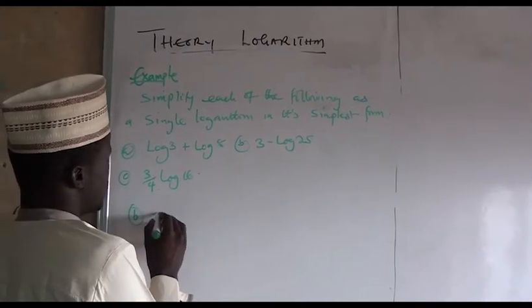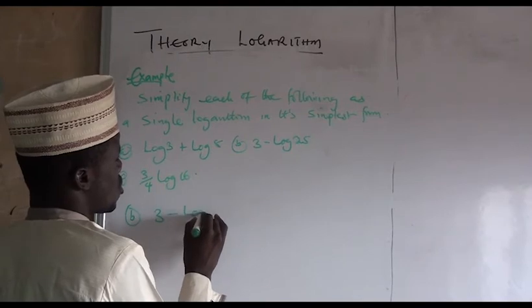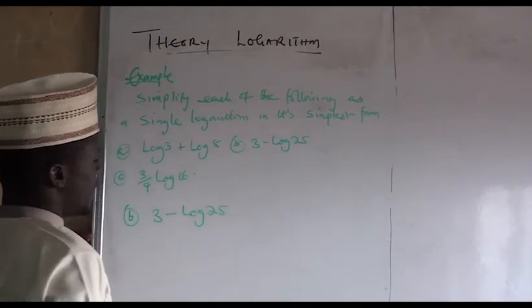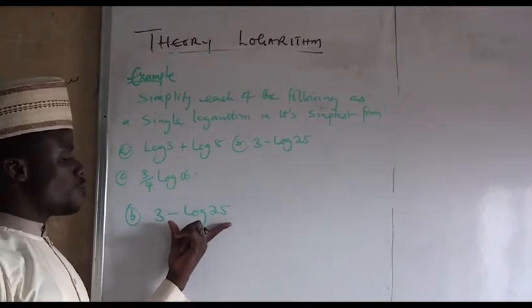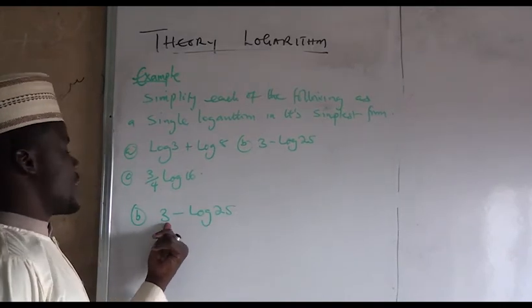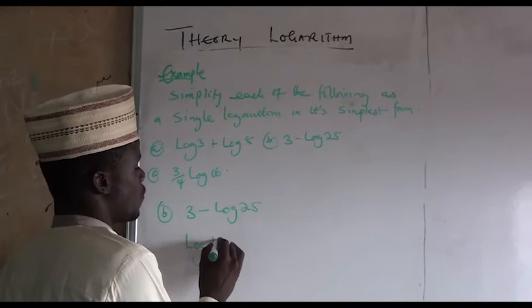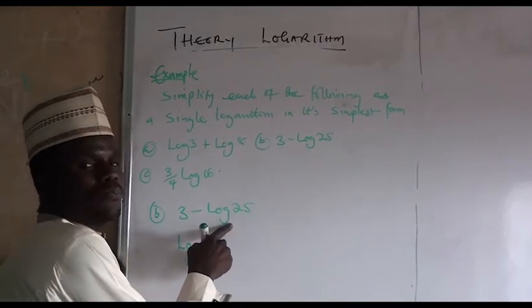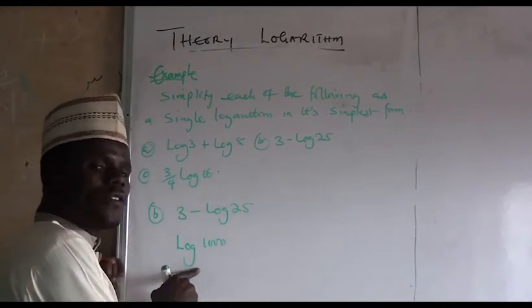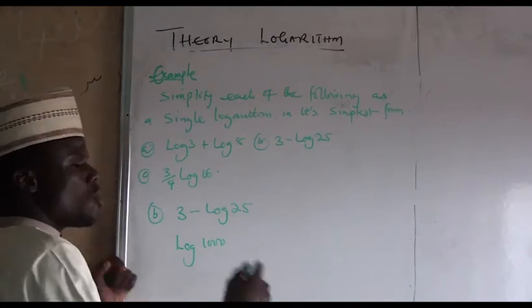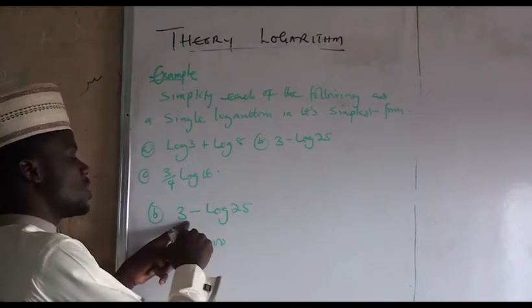Then we have 3 minus log 25. Mark you, this 3 is the same thing as to say logarithm of 1000, because this base is base 10. So you have to refer this base also as base 10. When it is base 10, what is the number that is going to give us 3?